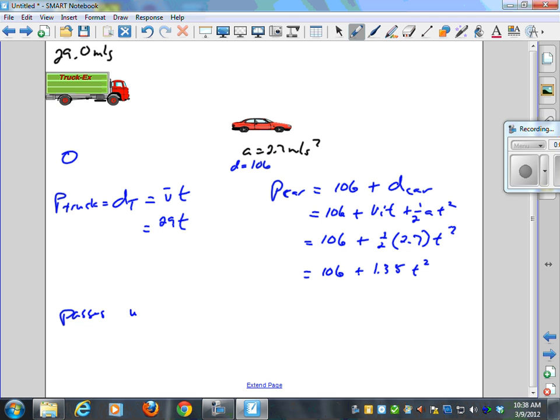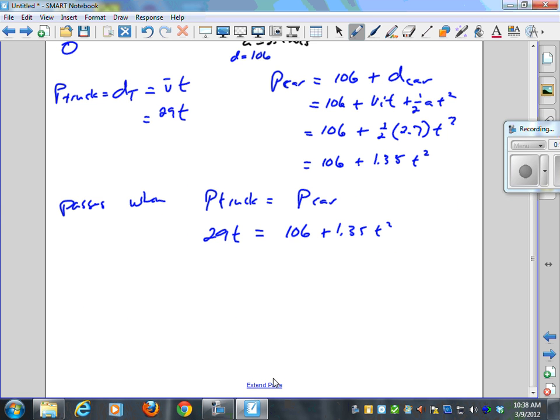Now we have to set them equal to each other. The truck passes the car when the position of the truck is equal to the position of the car. So in other words, 29t equals 106 plus 1.35 t squared. So I've shown here how these two things come together, right?